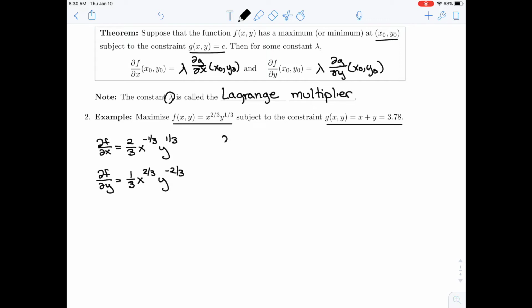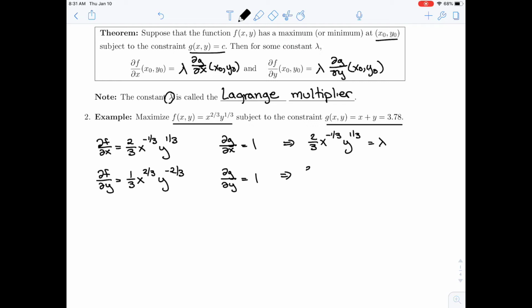We'll also need to find the derivative of g with respect to x, which happens to be 1, and the derivative of g with respect to y, which also happens to be 1. And so if the derivative of f with respect to x is supposed to be a multiple of the derivative of g with respect to x, then we should have that 2/3 x to the minus 1/3 times y to the 1/3 should equal lambda.